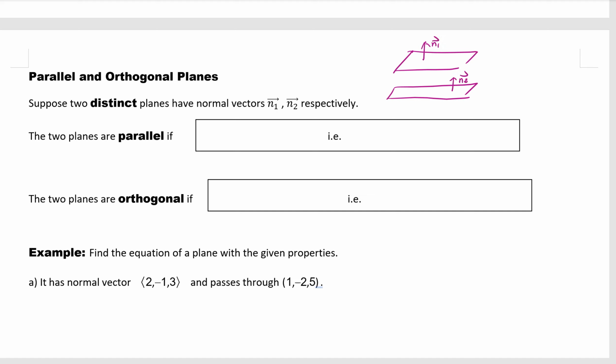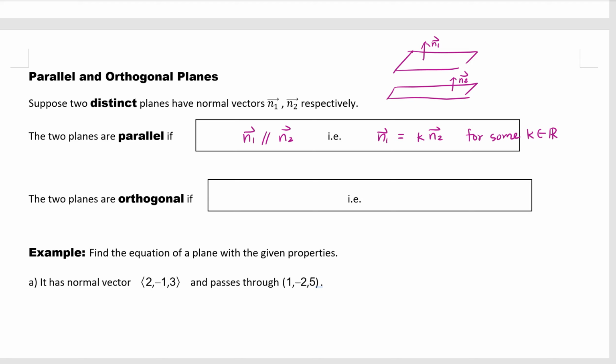What can you say about n1 and n2? Two planes are parallel if and only if the normal vectors are parallel. What does that mean? It means one vector is a scalar multiple of the other, for some real number k.